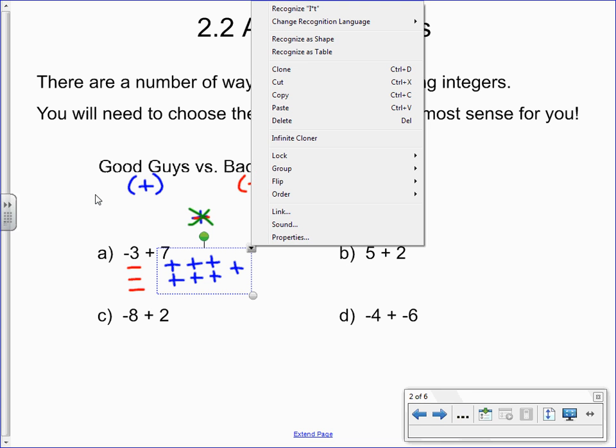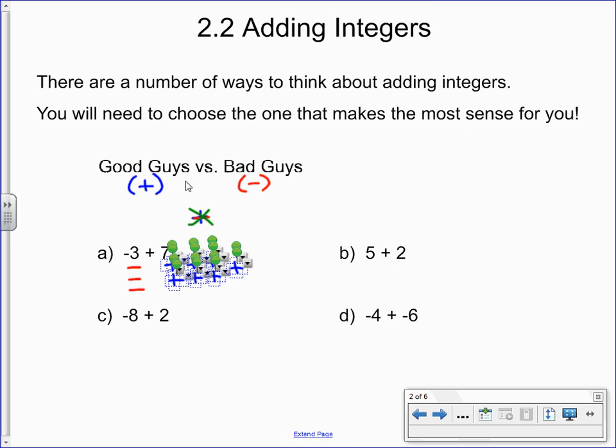So when we look at our good guys and our bad guys, this bad guy takes out that good guy. This bad guy takes out that good guy. And this bad guy takes out that good guy. So we've lost 1, 2, 3 sets of guys. What do we have left? We have these 4 good guys left. So our answer to negative 3 plus 7 is 4.